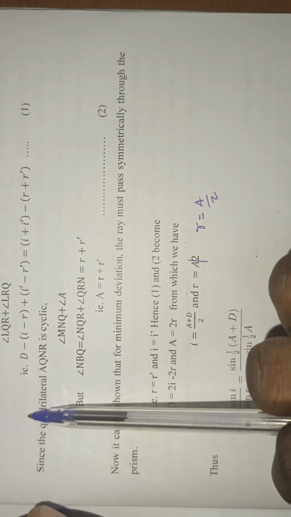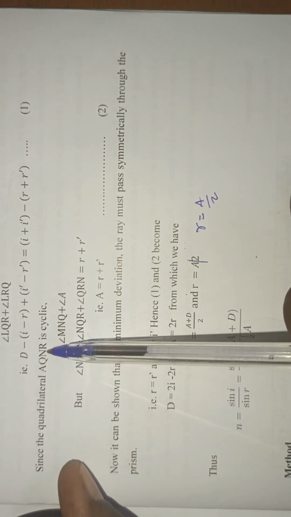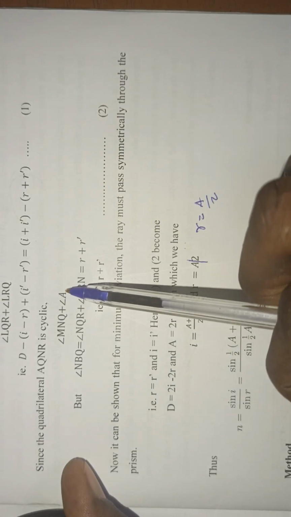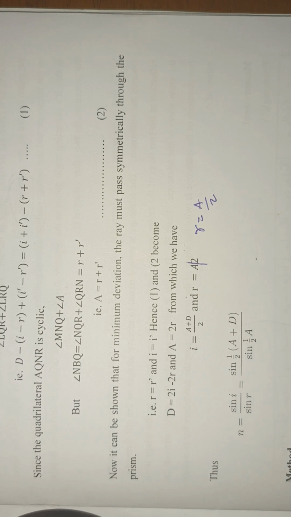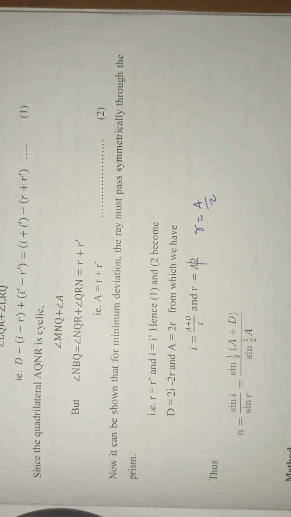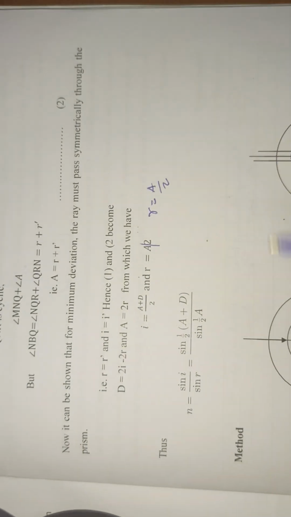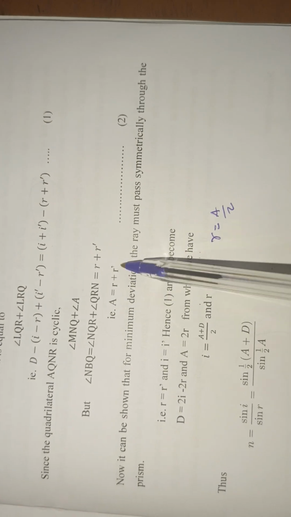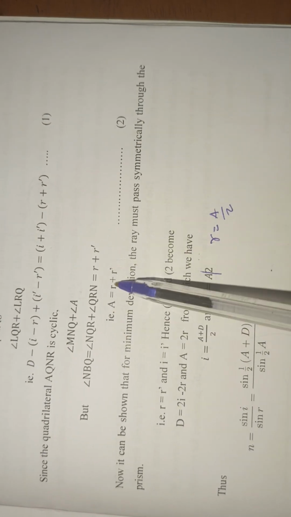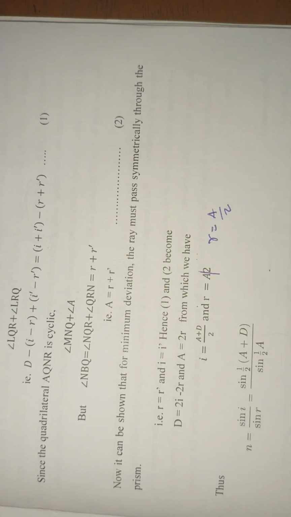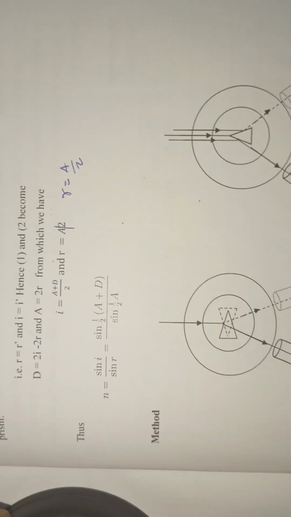Since the quadrilateral AQNR is cyclic, when we do our factorization, we arrive at this equation. So this is the angle A, and we are interested in finding that angle A. After some simplification, we have this equation, and we call it equation 2.